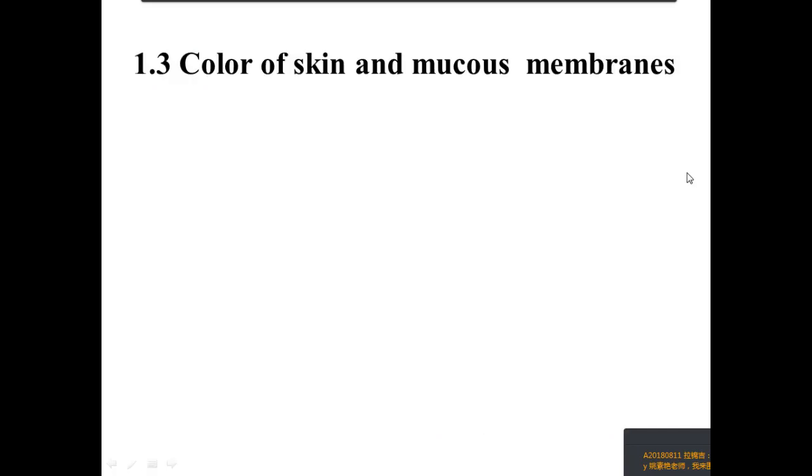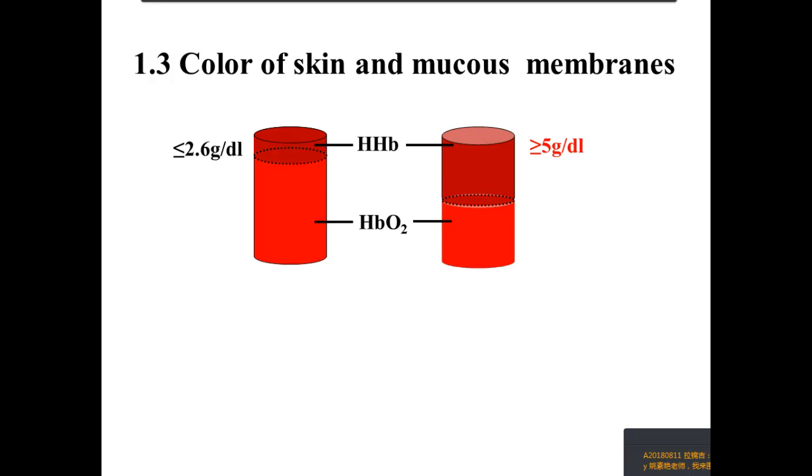Now, in hypotonic hypoxia, what color is the skin? In our blood, hemoglobin combined with oxygen is called oxyhemoglobin. Hemoglobin that can't combine oxygen is deoxyhemoglobin.